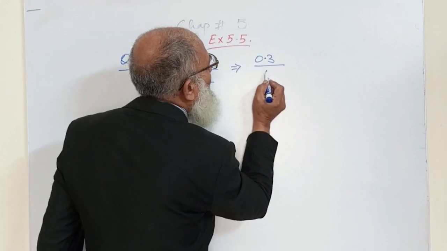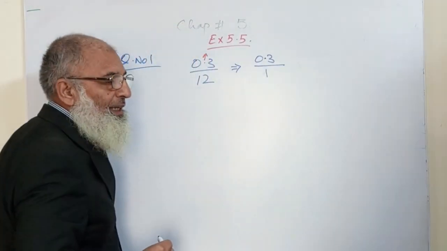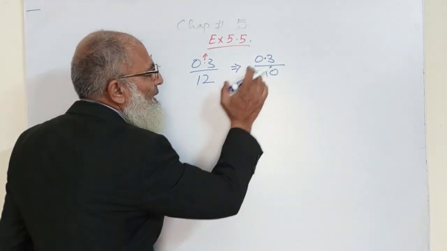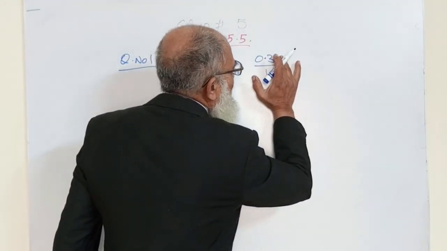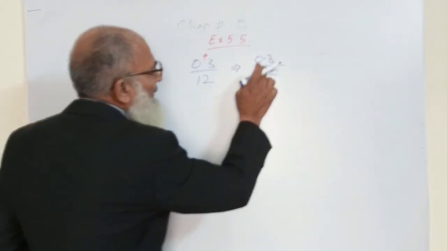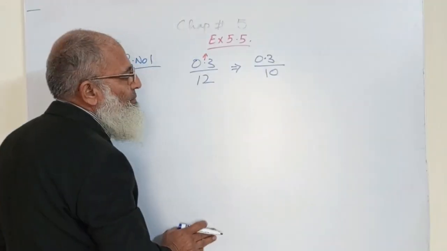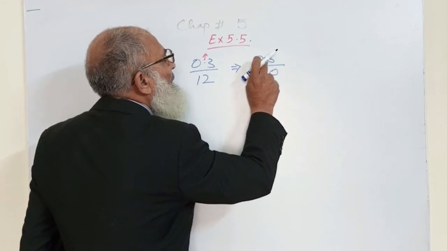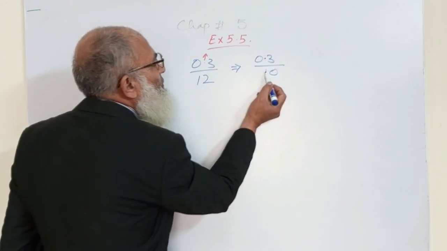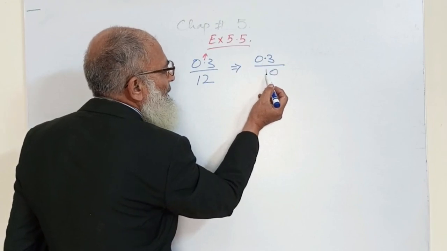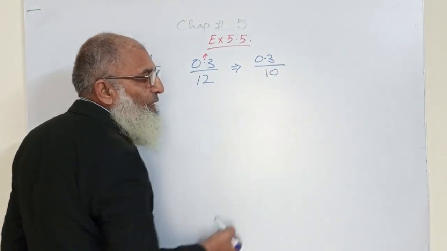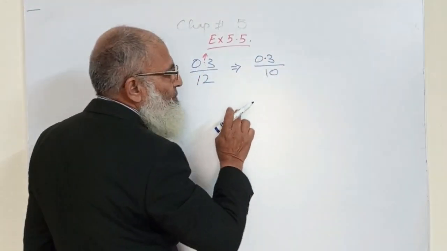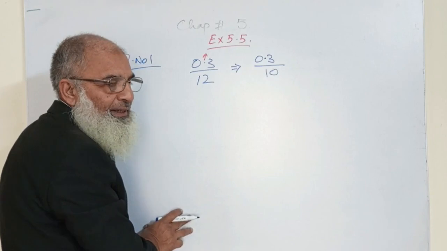place 1 under this decimal and zeros as many as the numbers ahead of the decimal. Now you see that by placing 1 under the decimal, there is only one number after the decimal, so we have put only 10.